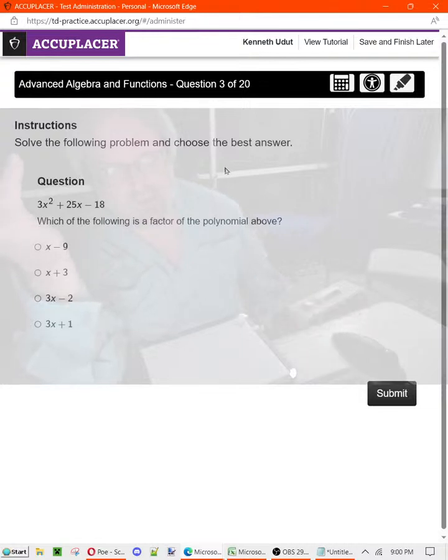But 2 could be a factor, and so could 1. So number 3 or 2, the second one doesn't seem right. So what about x? Can I just do x and 25x and ignore the minus 18 now that I have that it's one of those three? Okay. I don't think I can.